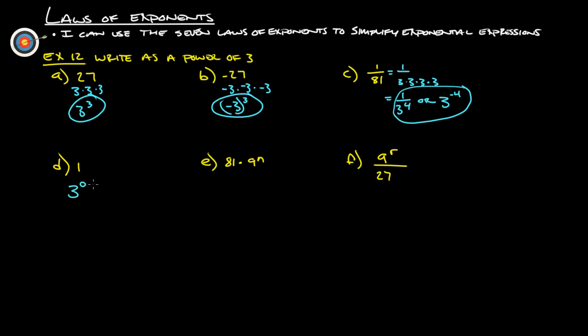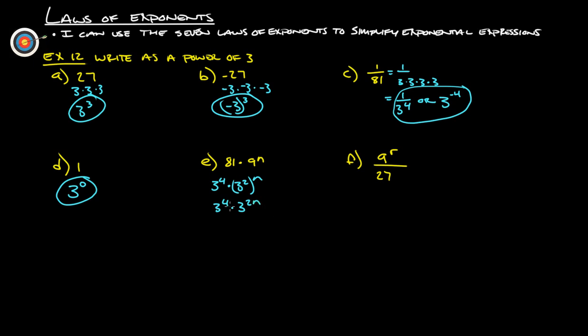3 to the 0 power is going to give us 1, because if you remember, anything to the 0 power gives you 1. 81, we just figured out, is 3 to the 4th. And then 9 is 3 squared, and that's all to the n power. So that's 3 to the 4th times 3 to the 2n.